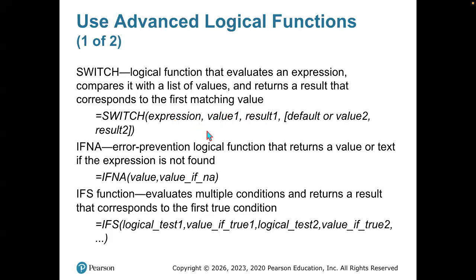Let's say it's in the 90s range, then my result is you get an A. Second value, if it's in the 80s range, you get a B. If it's in the 70s, you get a C, etc. This is great for chaining multiple conditions together, without having to say, okay, if this is true, do that. If this is true, do that. I don't have to have a million if statements. All I need to say is the one thing I'm testing and all the possible values that follow.